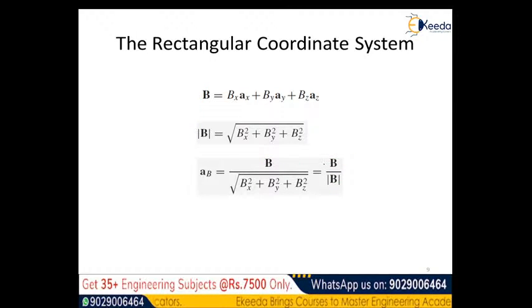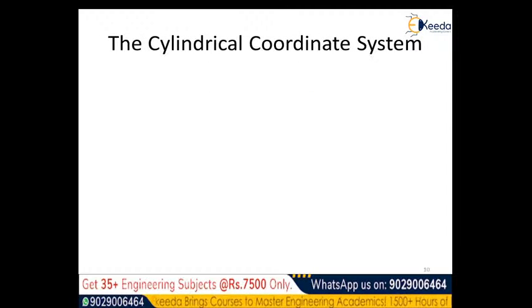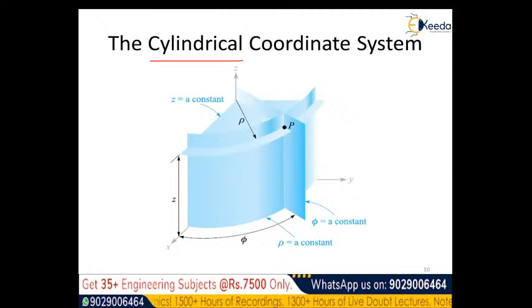Now we just review another coordinate system for comparative purposes, the cylindrical coordinate system. As the name suggests, we have to imagine a cylinder that is centered at the z-axis. What is common while we switch from the rectangular coordinate system to the cylindrical coordinate system?